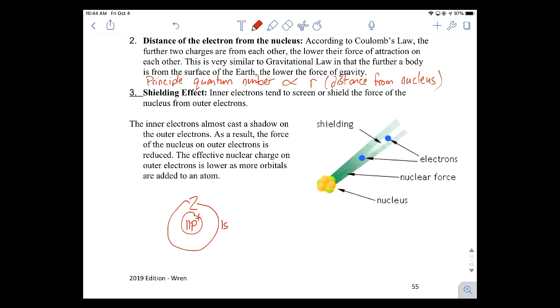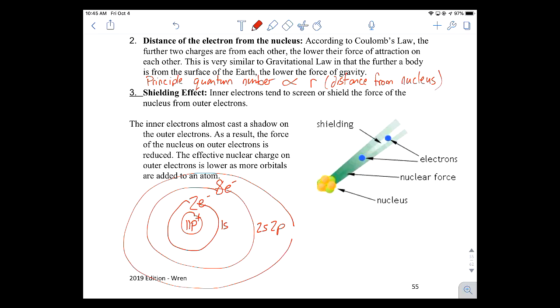We've got another 8 electrons in the 2s and 2p orbitals, the secondary shell. Then we drop in our last shell, the 3s shell, and we put our 1 electron in there.